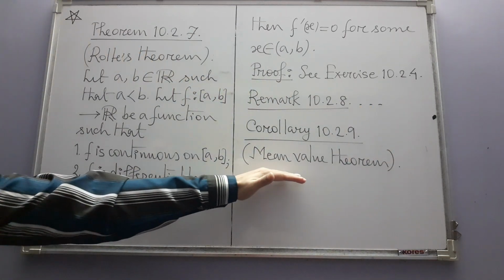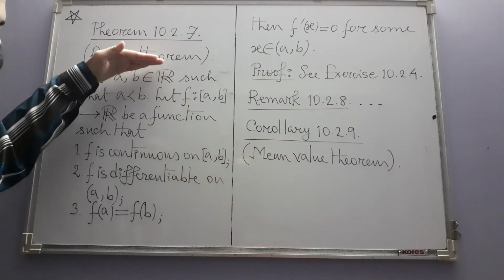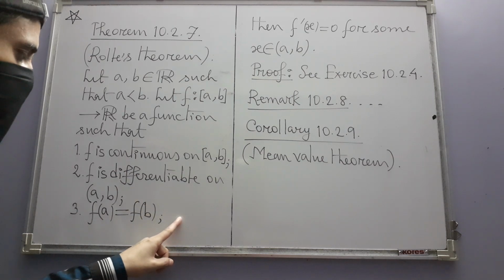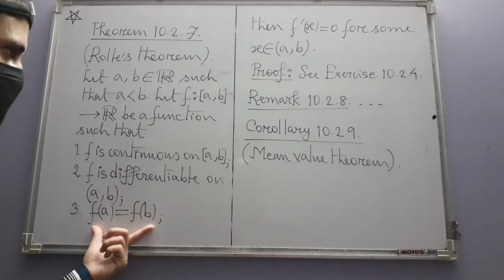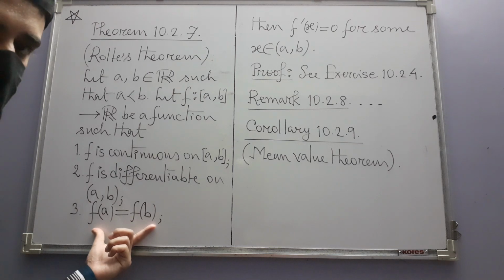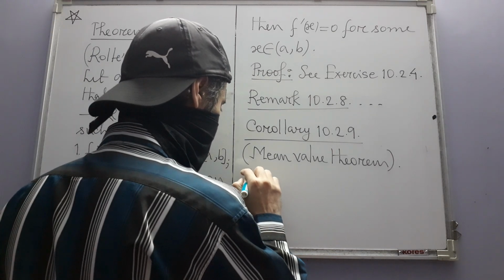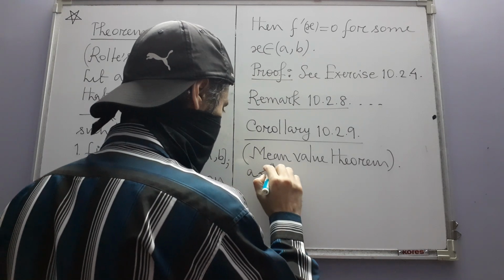The statement of mean value theorem starts just like this, but the mean value theorem does not assume this hypothesis, and accordingly its conclusion is also different. So again, not going to write everything though.